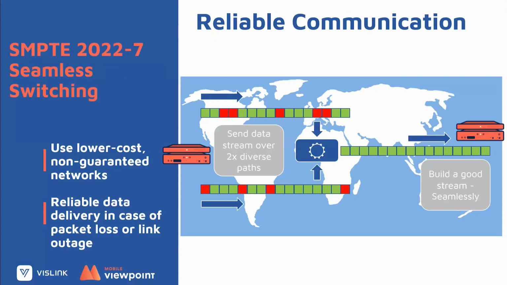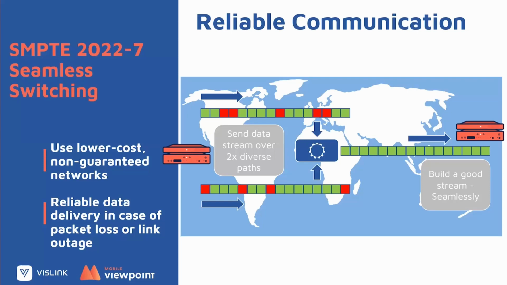The first one of those is SMPTE 2022-7, and this is seamless switching. And so this enables you to move content over two parallel links and be able to give yourself some redundancy in that way, because by using these two parallel links, you can then choose to use maybe links that have slightly less reliability.